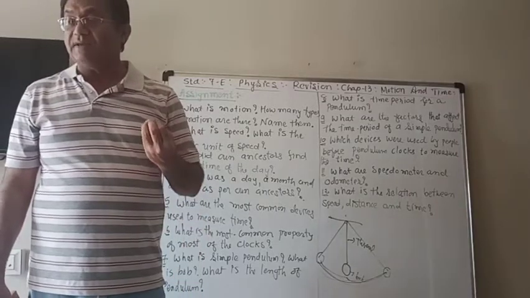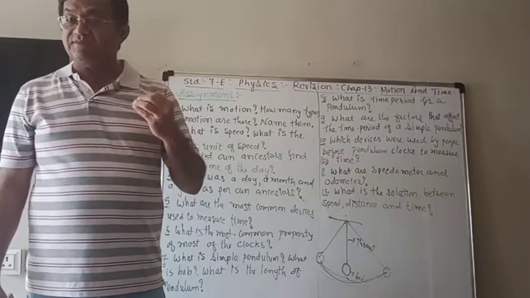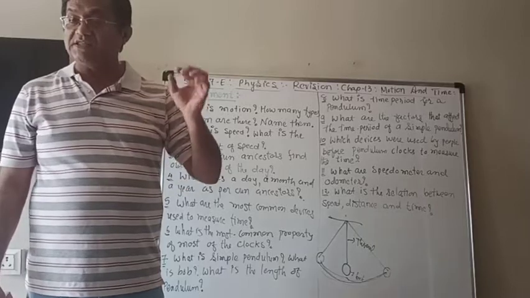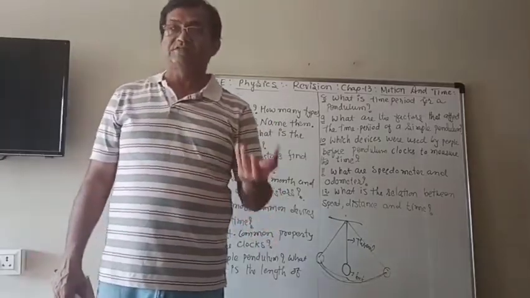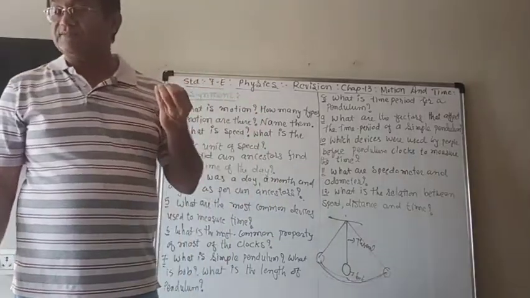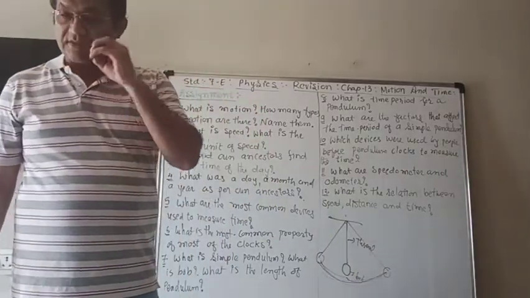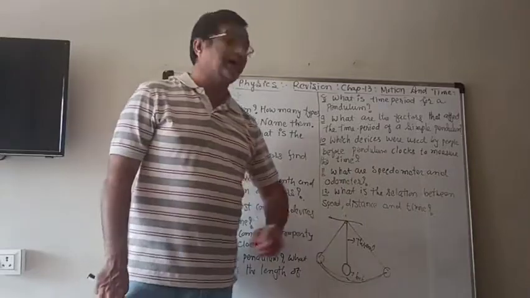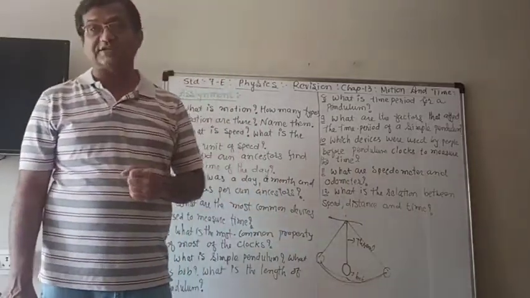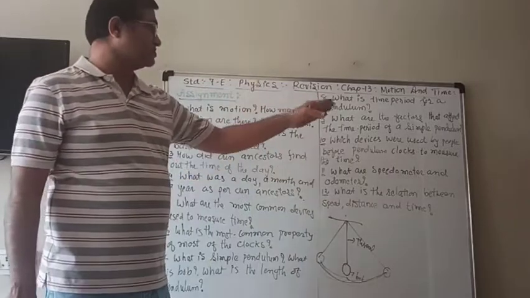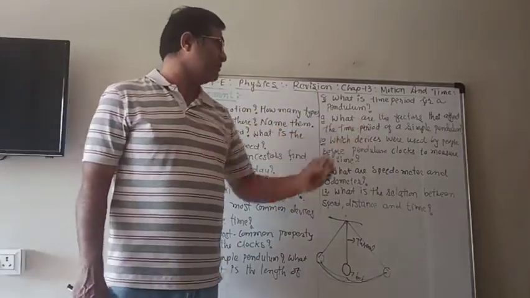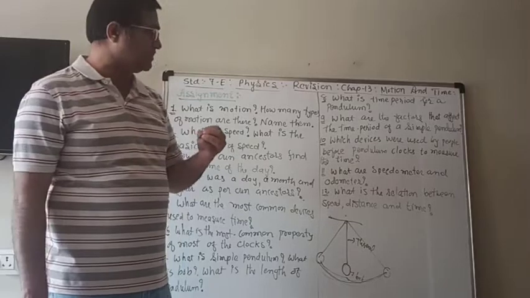One factor is gravitation, obviously the gravitation of the earth, and the other is the length of the pendulum. These are the two most common factors that affect the time period of a simple pendulum.